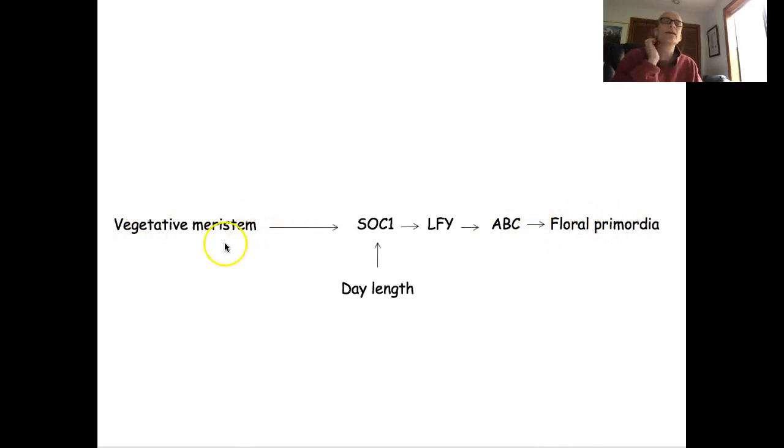And this whole process happens as a vegetative meristem goes over to a floral meristem. So to get from vegetative to reproductive, day length will activate SOC1, which will activate LEAFY, which will activate ABC genes, and then that will make the floral primordia.